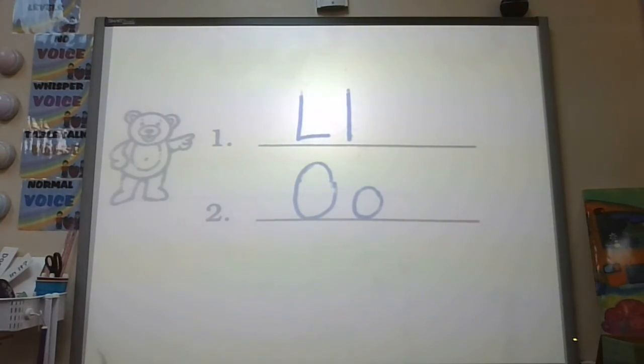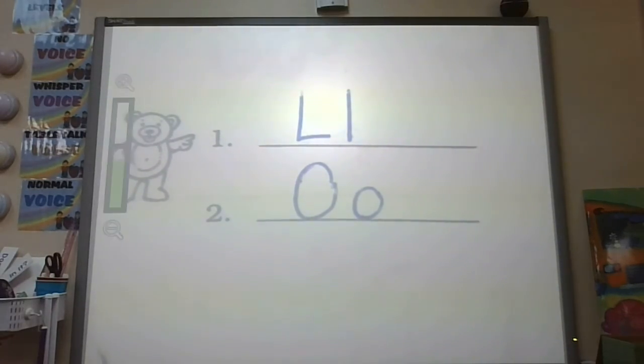No. Do they start on the top? No. Where do they start? At the middle. In the middle is where they start. Write your very best upper and lowercase o on line number 2.